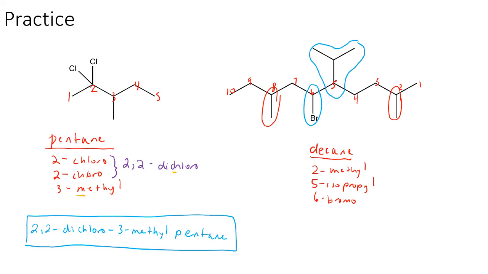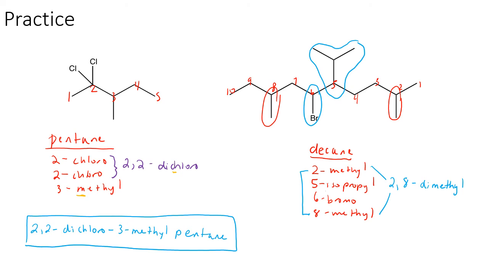And then lastly, at position number 8, we have another methyl group. So we are definitely going to combine our 2-methyl and our 8-methyl. That will become 2, comma 8 hyphen dimethyl. Those two. And that's what we'll use in our name.